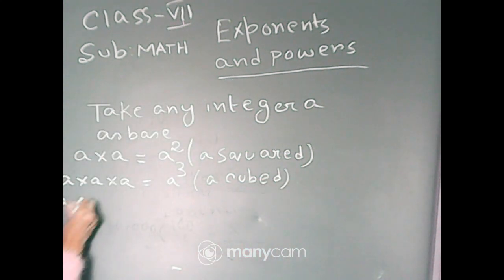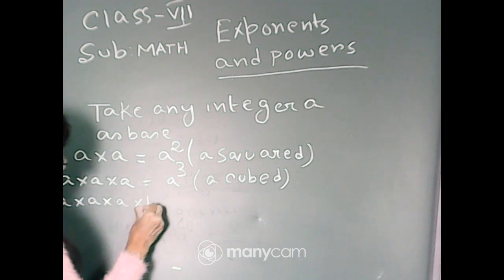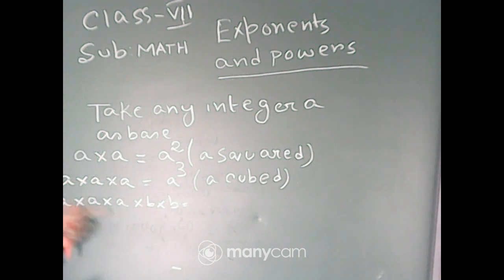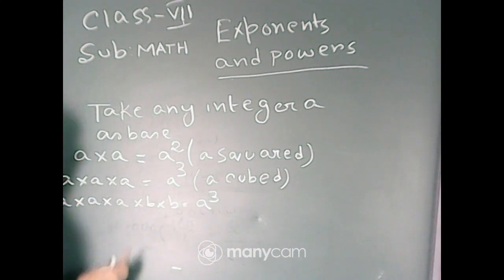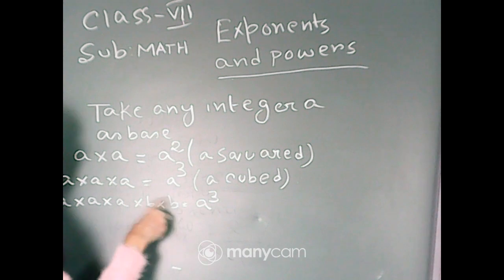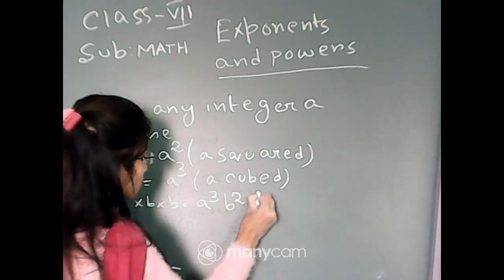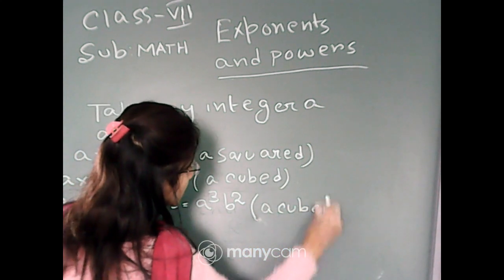Next, here we see that a is 3 times, so the power of a will be 3 and b is 2 times, so the power of b will be 2 and we read it as a cubed b squared.